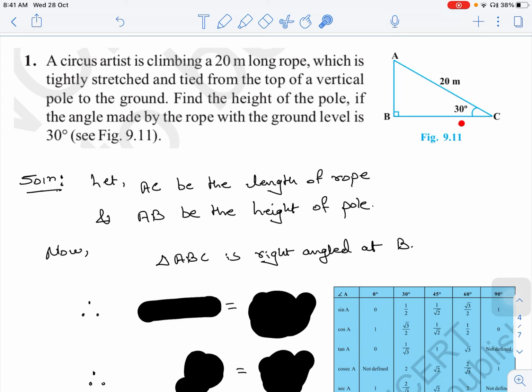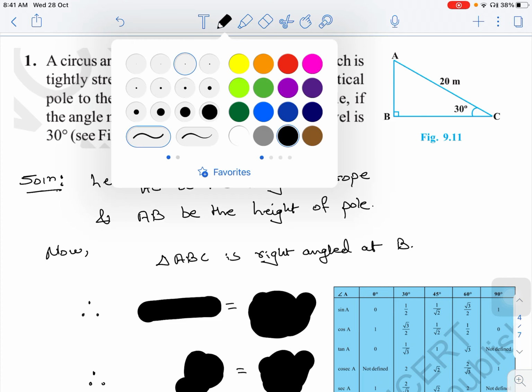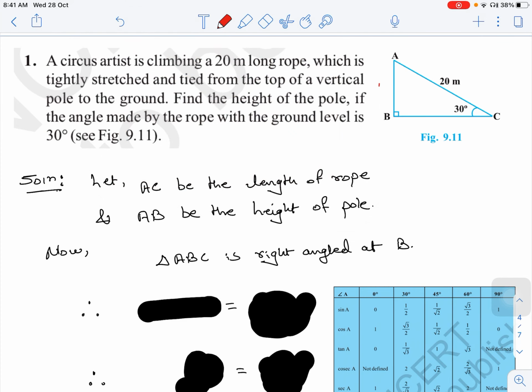For this angle 30, this side AB is the opposite side and this side is the hypotenuse. Now we want to find the value of the opposite side, so we want a ratio that is opposite upon hypotenuse.